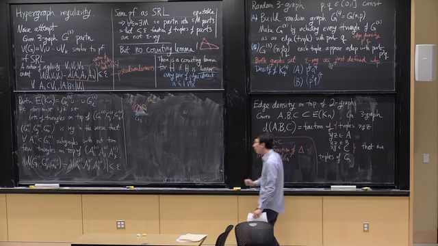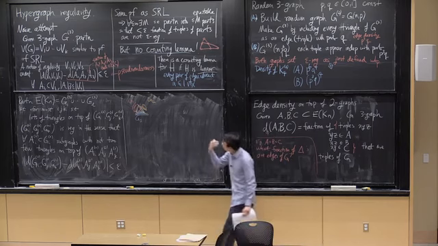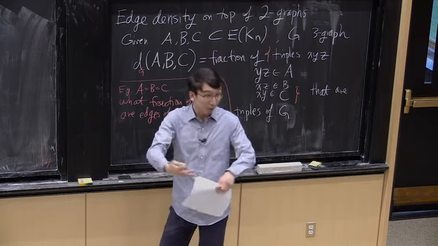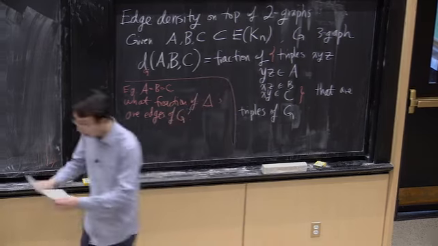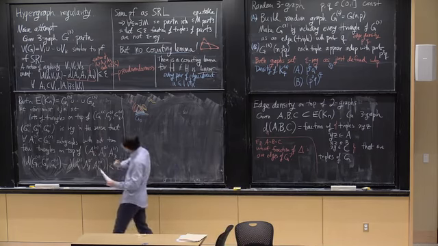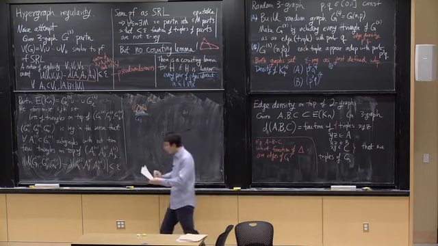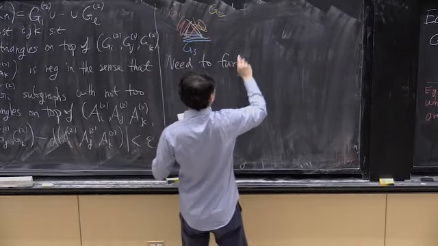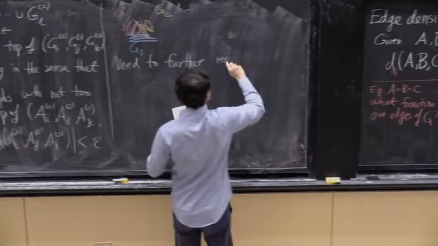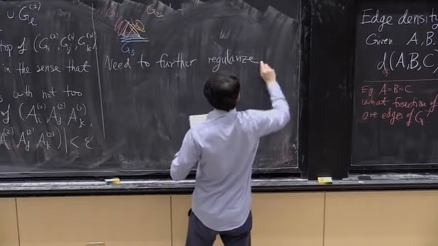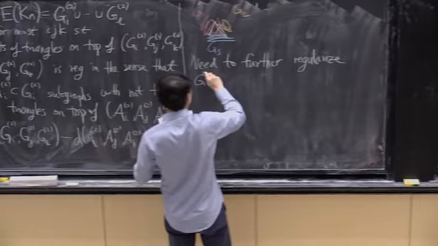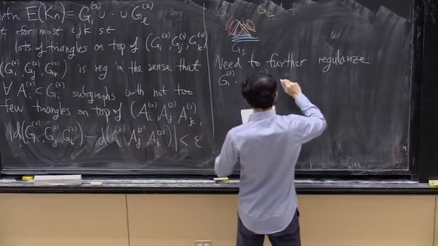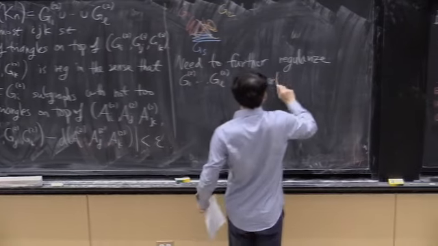Don't worry about the specific details, and I'm not going to try to give you the specific details, but think about in analogy to instead of partitioning the vertex set, we are partitioning the edge set of a complete graph. But actually, hypergraph regularity involves one more step, namely that we need to further regularize these G's via partitioning the vertex set.